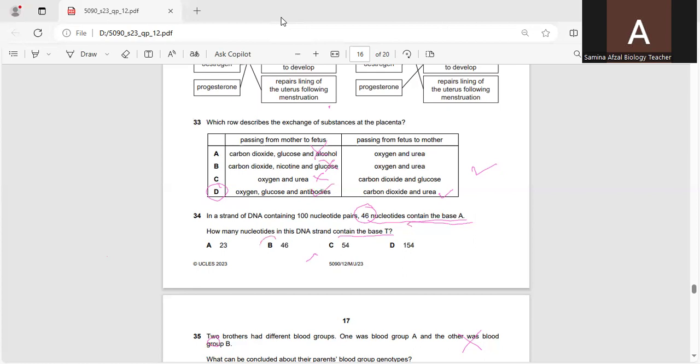So A is 46 and thymine will also be 46. The answer is B. 23 is half, no. 54 is actually the other, they will make pairs, so only B is the correct answer.